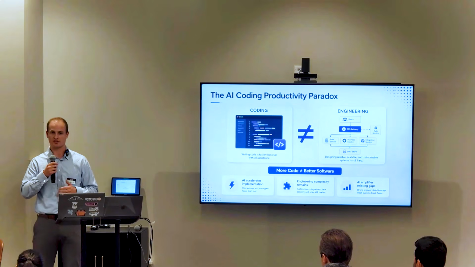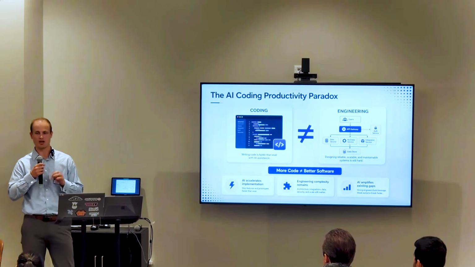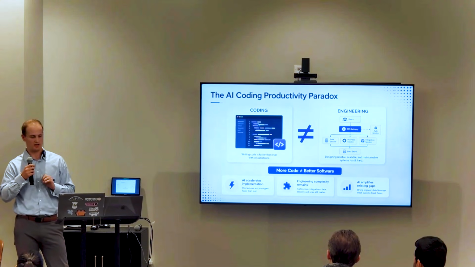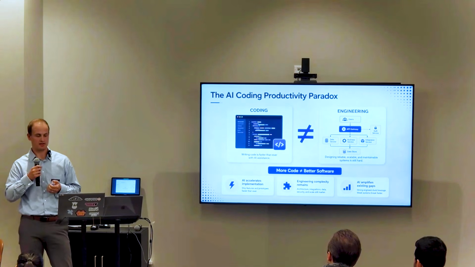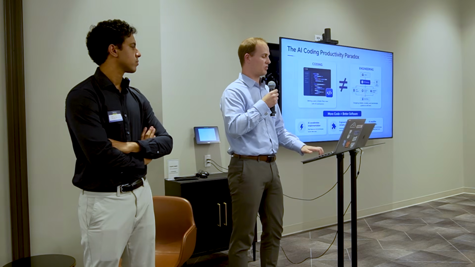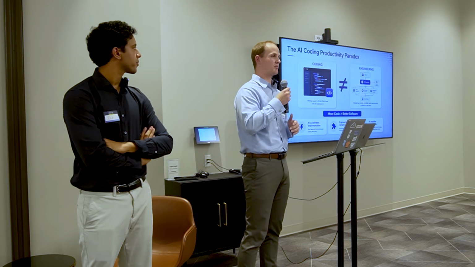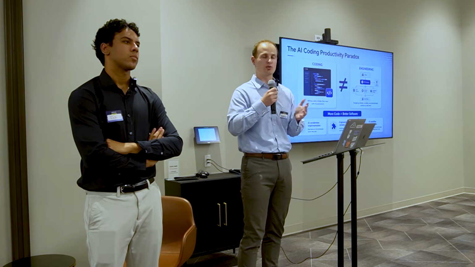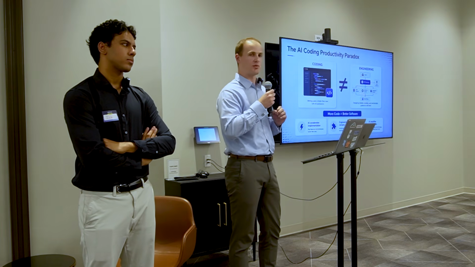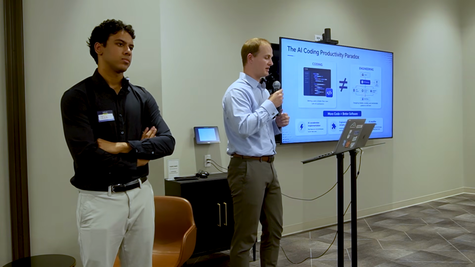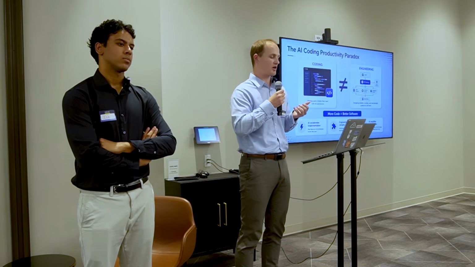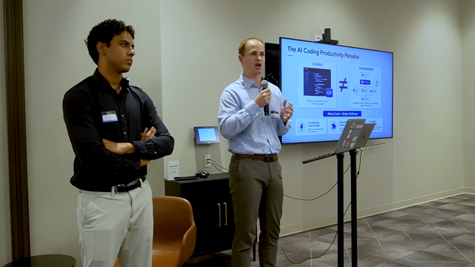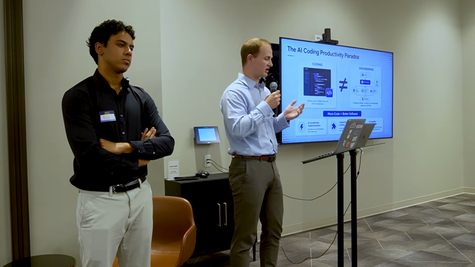And so if there's more code being generated, but the processes aren't solid, this can actually exacerbate existing problems. And why is this? Well, the hard part about engineering was never just writing code, right? And we've seen that internally as well. Even though we're generating code faster, we're still seeing the same problems as before in engineering.